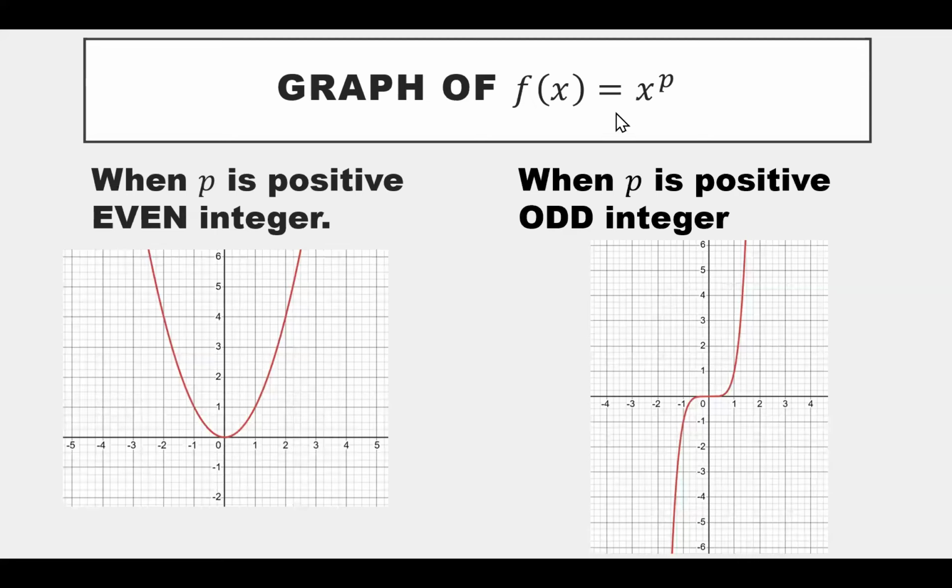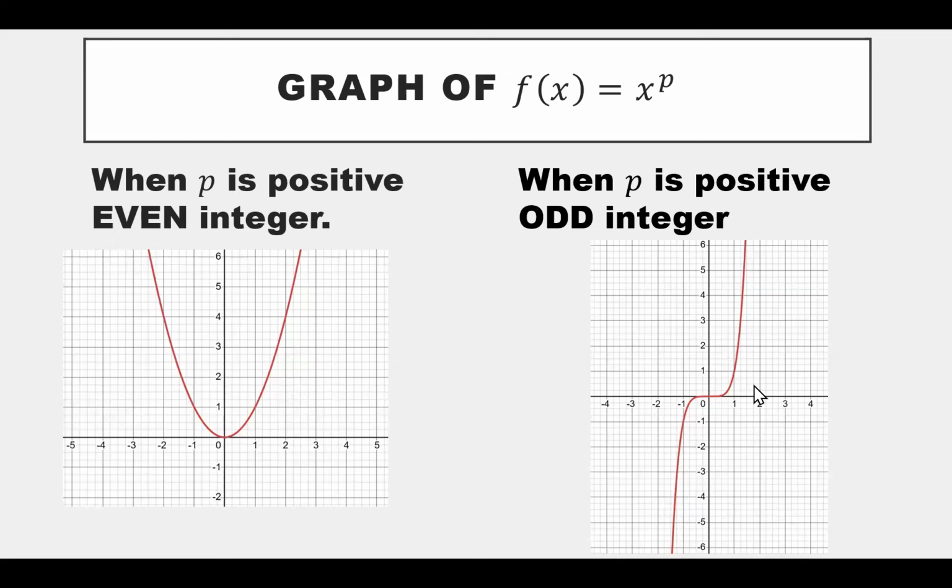If we put a negative in front, then we'd both be pointing downwards. And if p is a positive odd integer, then we come from a y value of negative infinity, go up through the origin, and then go out to a y value of positive infinity.